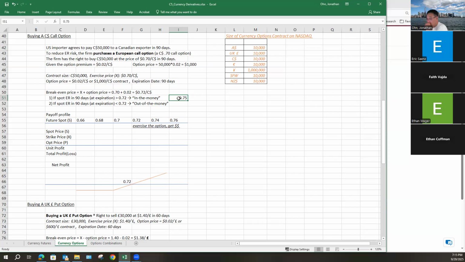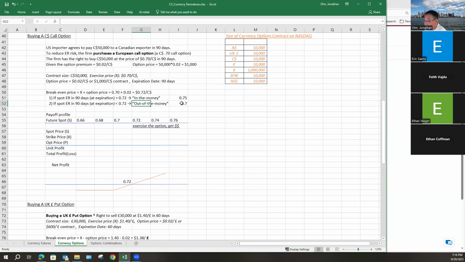All right. Suppose it is 0.70. If the future spot rate is 70 cents, only 70 cents, but your buy price is 72 cents, it is called you are out of the money.